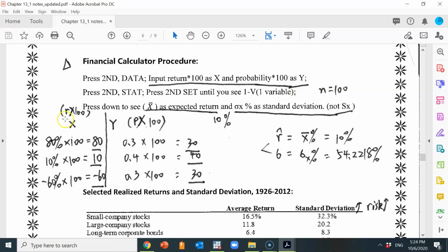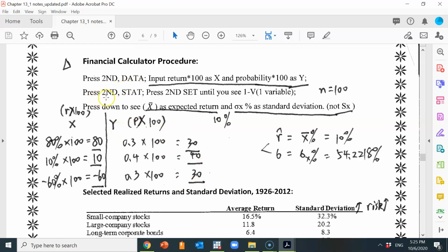So here, our return for Martin products in 3 economies is 80%, 10%, and negative 60%. Multiplied by 100, we're going to input x as 80, 10, negative 60. So we're basically removing the percentage sign. For probability, we have 0.3, 0.4, 0.3 for the 3 economy scenarios. And we're going to multiply by 100 and input 30, 40, and 30 as y.